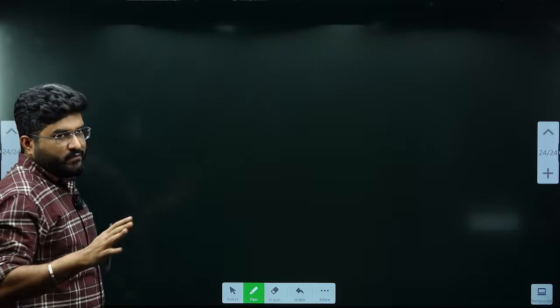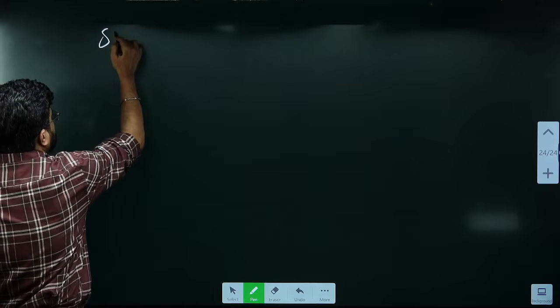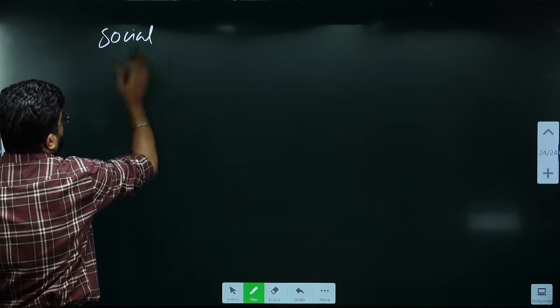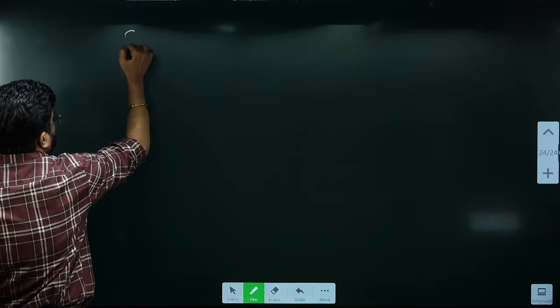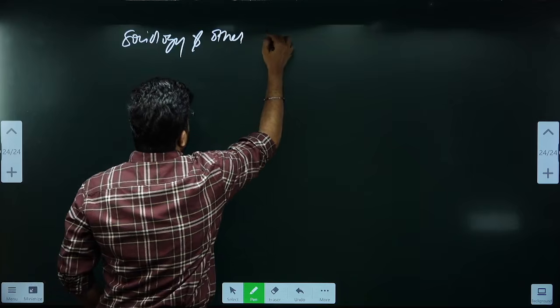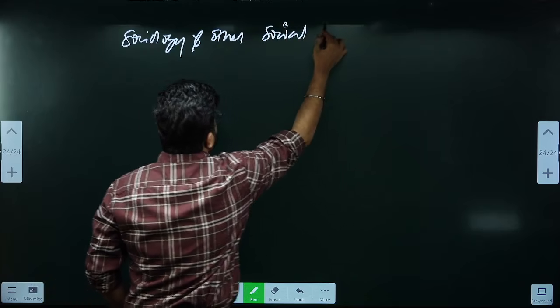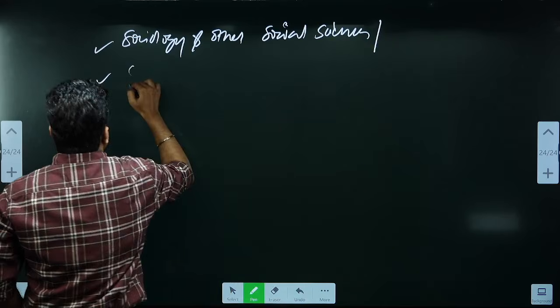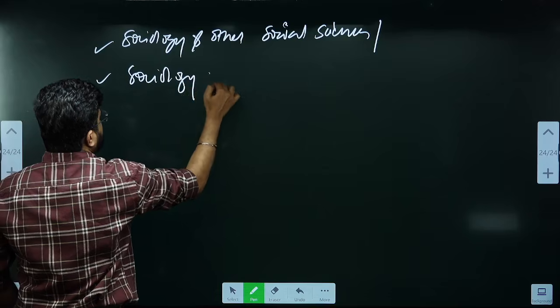In the next lecture, we will deal with the remaining part of this chapter, which is about the difference between sociology and other social sciences, and sociology and common sense.